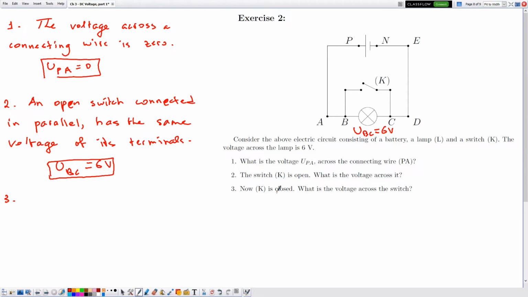Now in number 3 they are telling me now K is closed. Let's close the switch. What's the voltage across the switch? We always know that the voltage across a closed switch is 0 because it acts as a connecting wire.